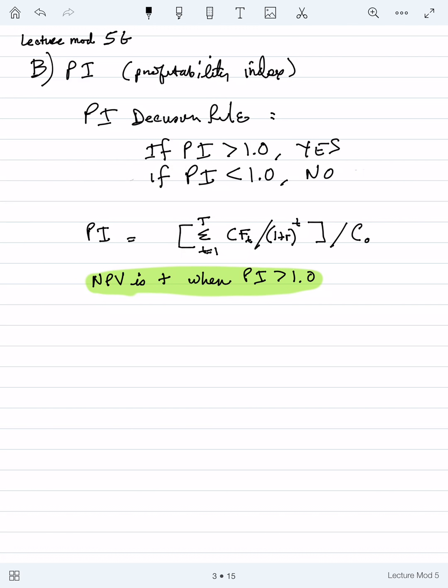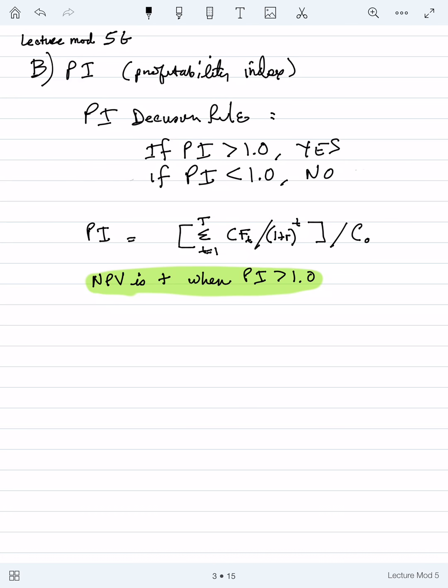If you look at an individual project and make your decision using the profitability index method, you'll get the same decision as when you use the net present value method. One method says accept, and the other also says accept. When one of them rejects, the other will also reject.